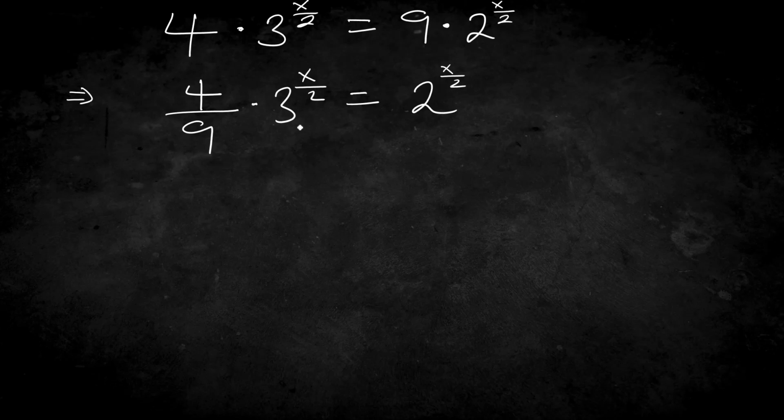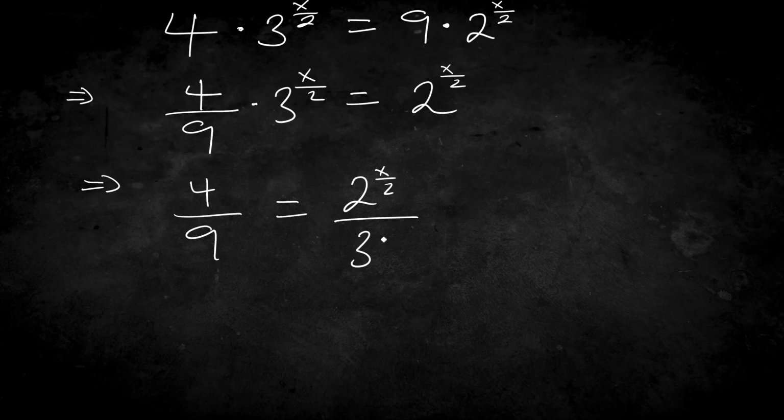So let's also divide both sides by 3 raised to x/2. So 4/9 is the same as 2 raised to x/2 over 3 raised to x/2.